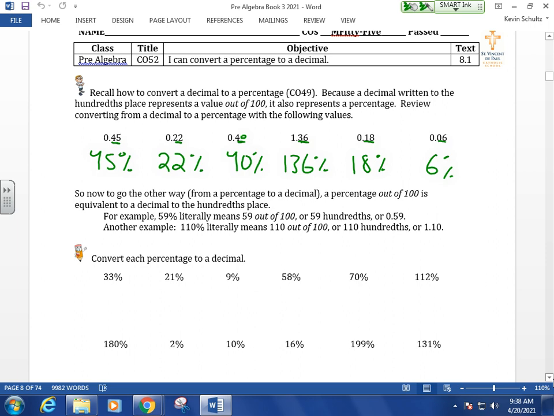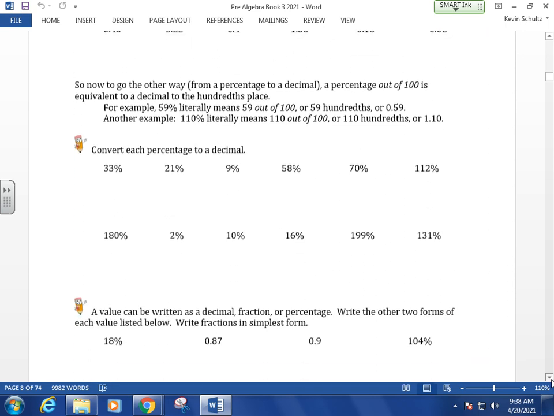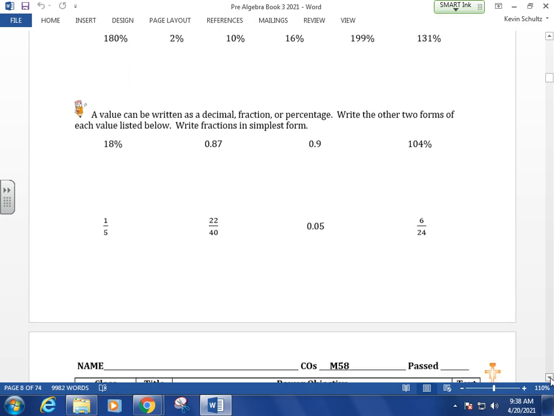So to go the other way, to go from a percentage to a decimal, it's kind of the same thing. Okay.